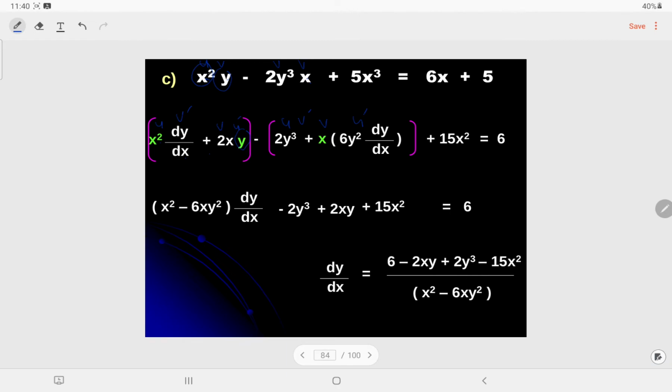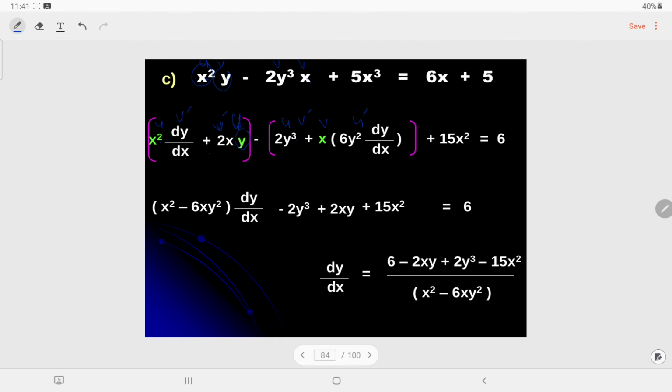Let's differentiate u, so we get 2x, minus, where this one is u and this one is v prime: 2y cubed times x, where u is 2y cubed, and differentiating x, dx over dx equals 1, plus v u prime.